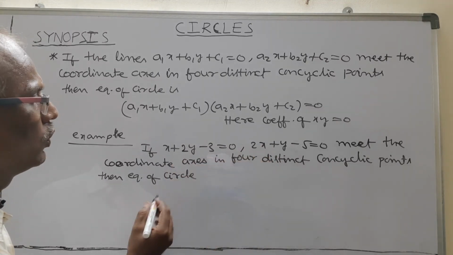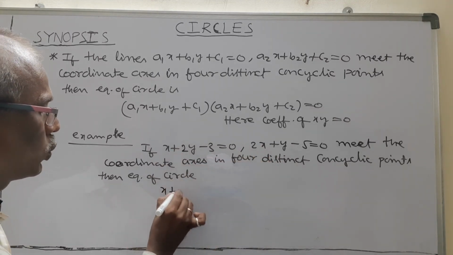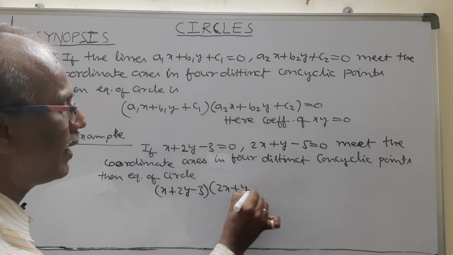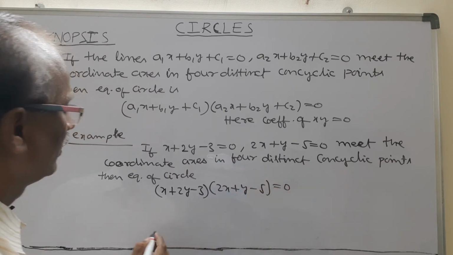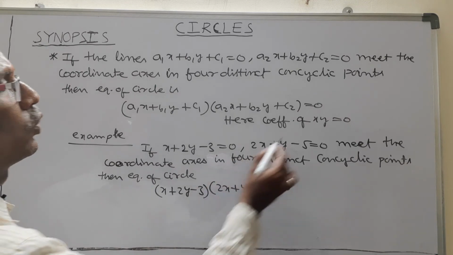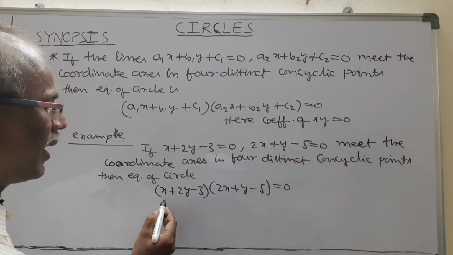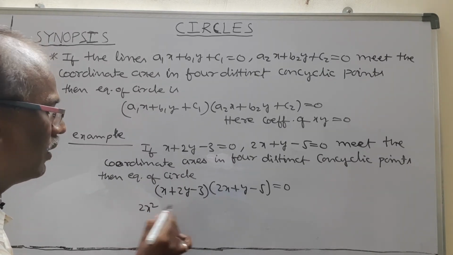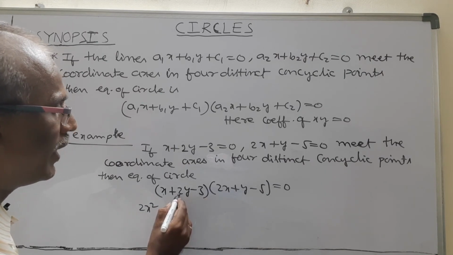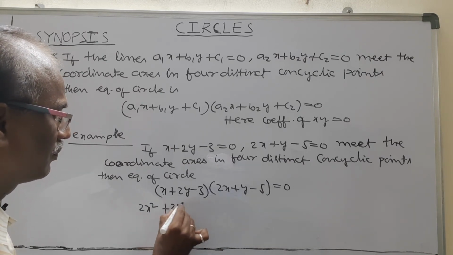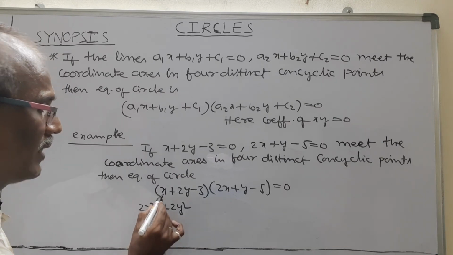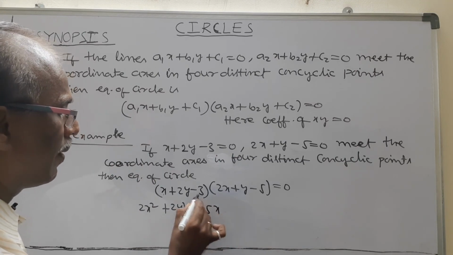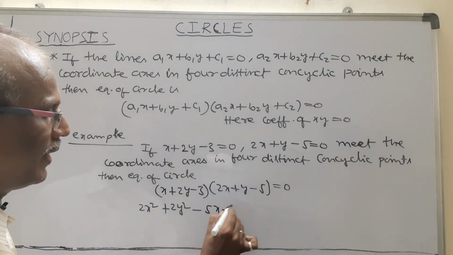The product of the two lines: (x + 2y − 3)(2x + y − 5) = 0. Here, in this multiplication, the coefficient of xy is always 0. Multiply with the x term: x into 2x, 2x², and 2y into y, 2y². Next, multiply with the x term: x into −5, −5x, and −3 into 2x, −6x.